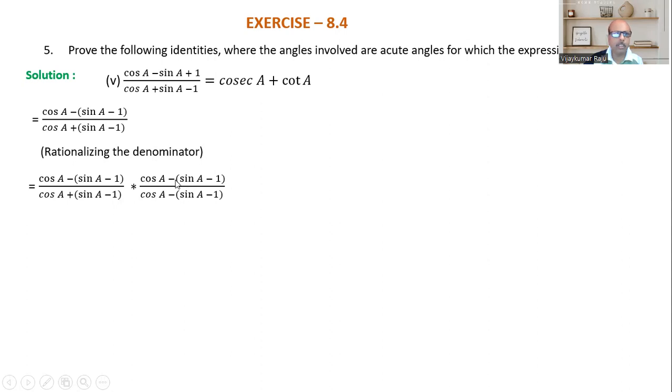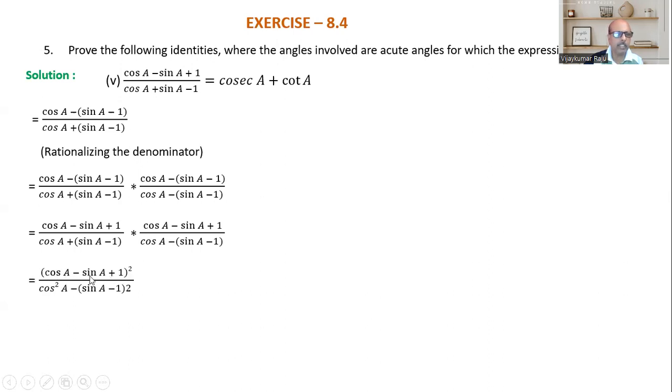Now if I open the brackets, you see how it is. Cos A minus sin A plus 1, cos A minus sin A plus 1, upon here cos A plus B, A minus B. So it becomes cos A minus sin A plus 1 whole square upon cos square A minus sine A minus 1 whole square.